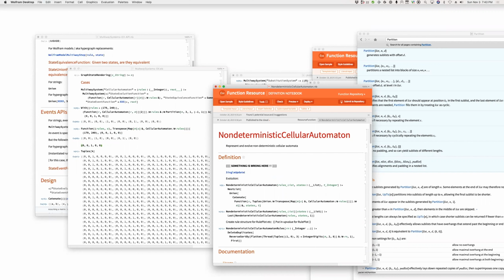Single update cellular automaton. I mean, this is really the multi-way sequential cellular automaton, otherwise known as the non-deterministic sequential cellular automaton.